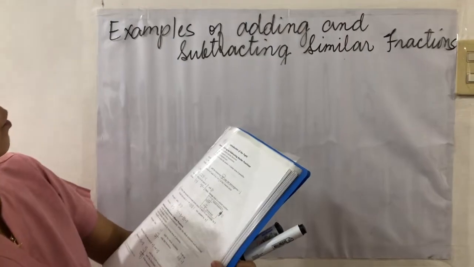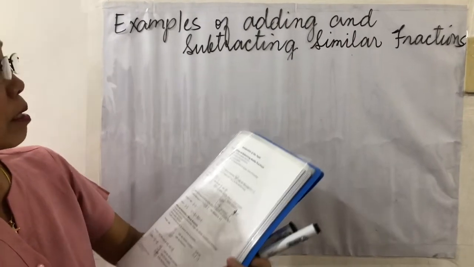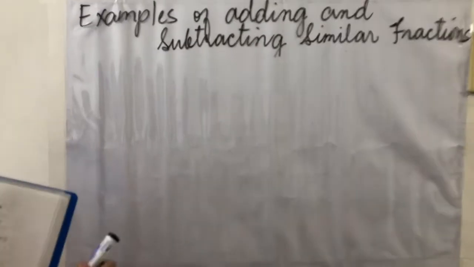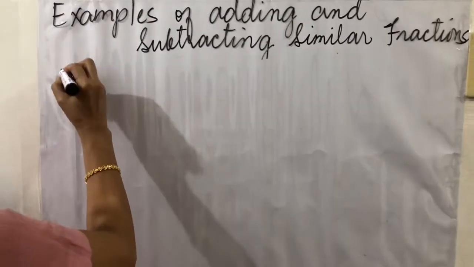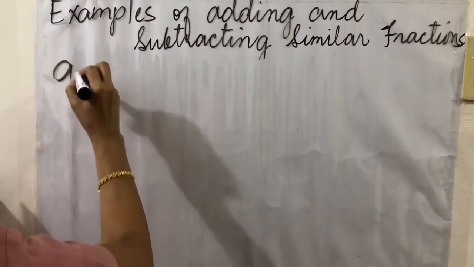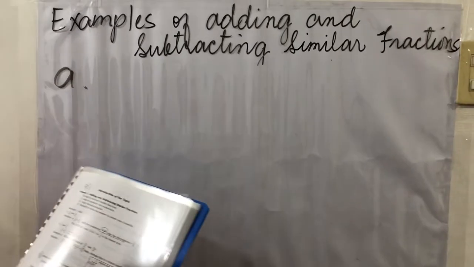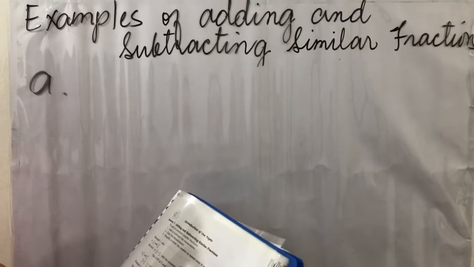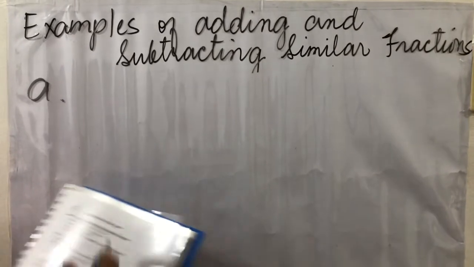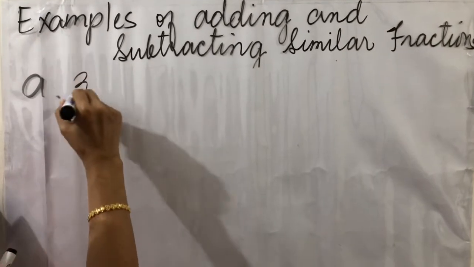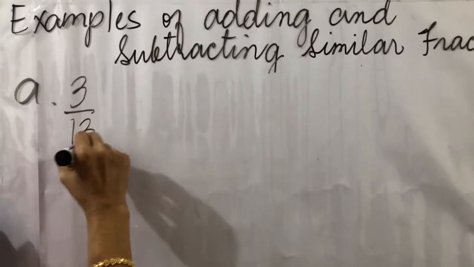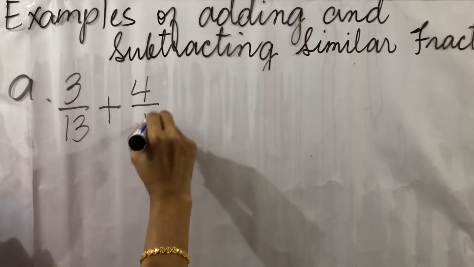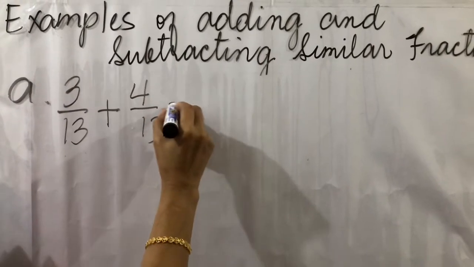We are going to do examples of adding and subtracting similar fractions. Example number 1, letter A. Add 3/13 and 4/13. So the number sentence for that example is 3/13 plus 4/13 equals.